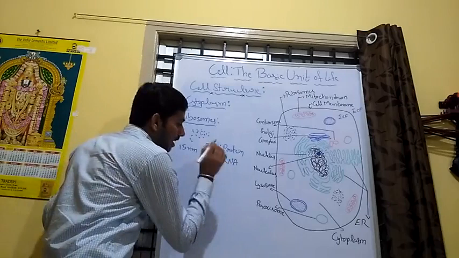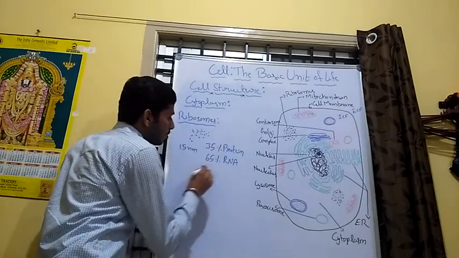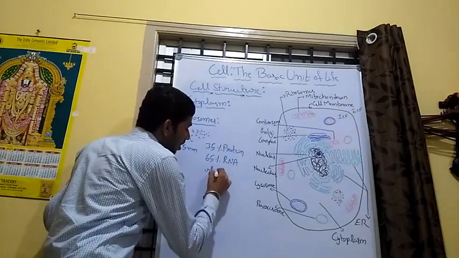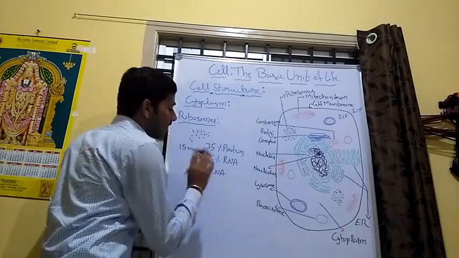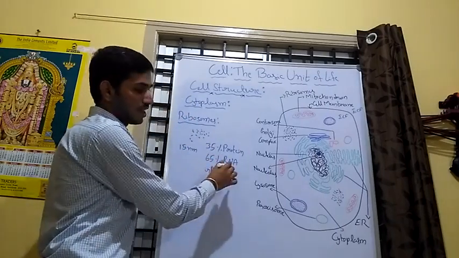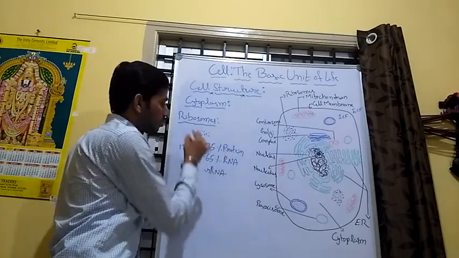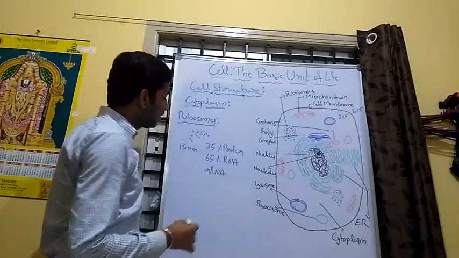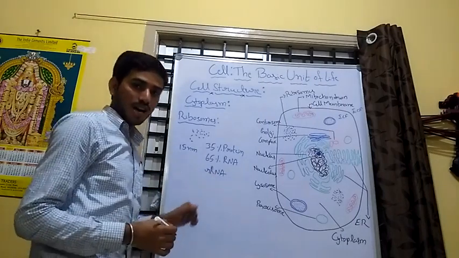The RNA present in the ribosomes is called rRNA, or ribosomal RNA.